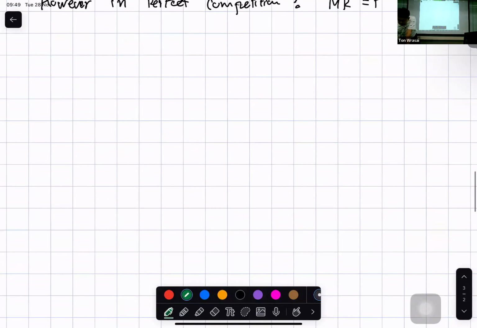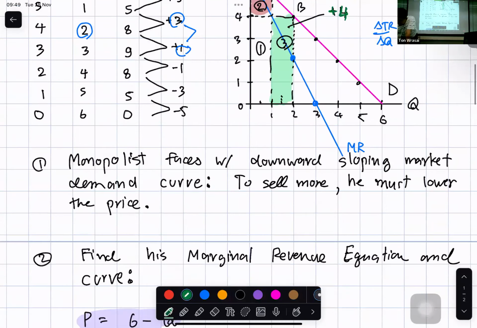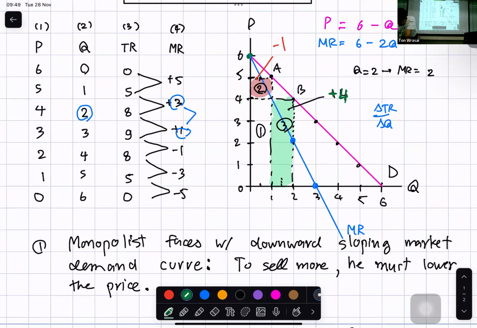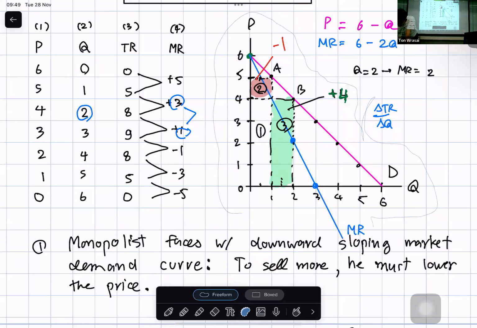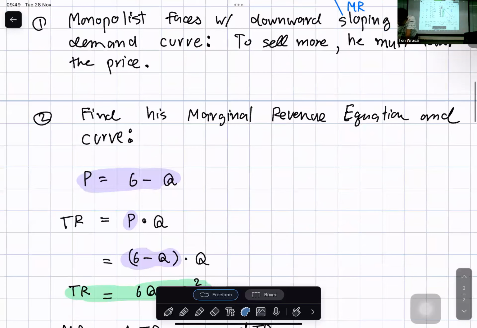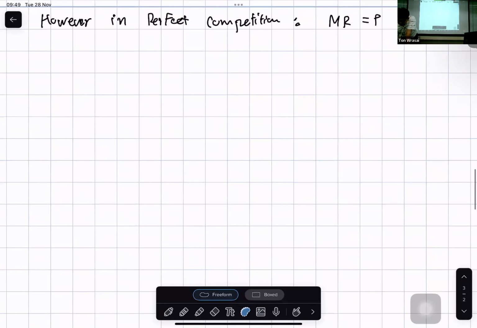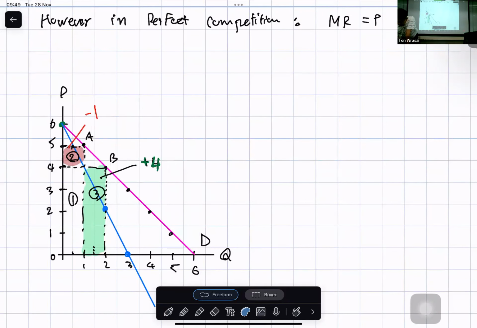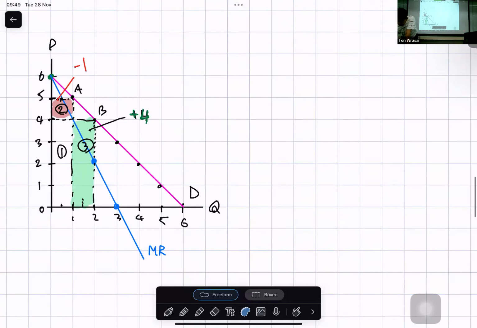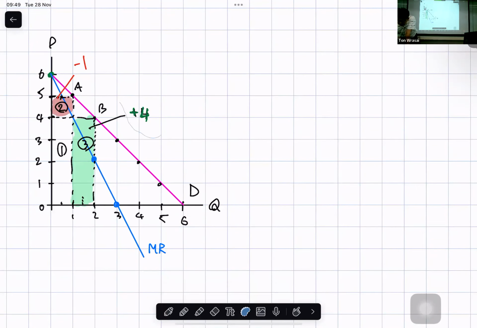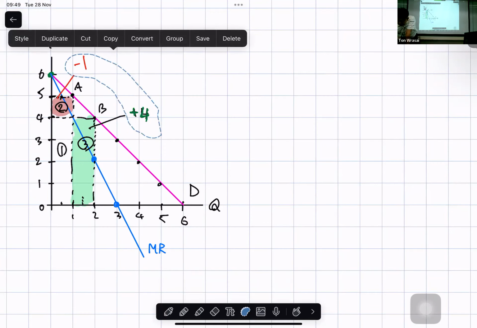Next, we have to reproduce this picture. Let's copy it first. Copy this picture, to deliver fact number 4.